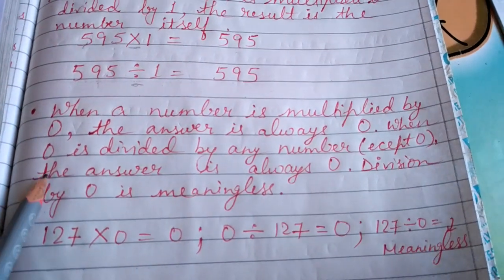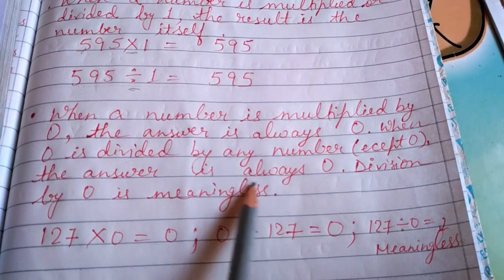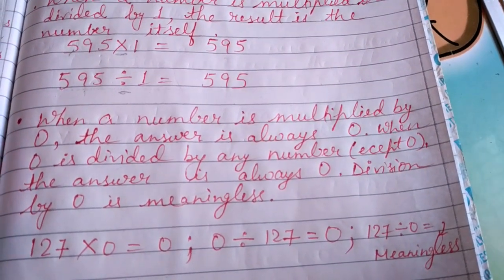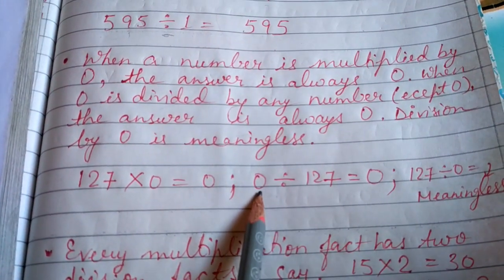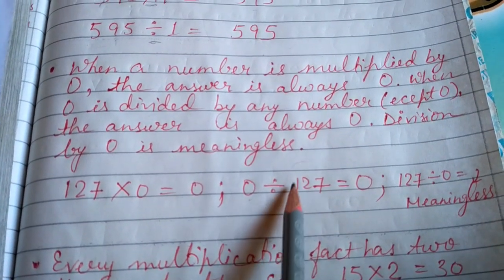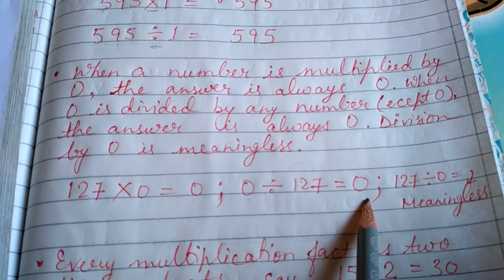Now, when 0 is divided by any number except 0, the answer is always 0. As you can see over here, if 0 is being divided by any number, then also the result is 0.